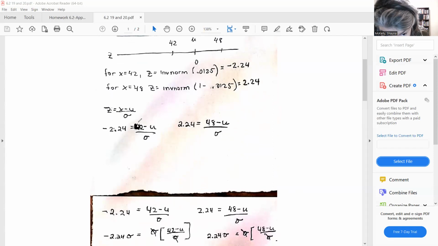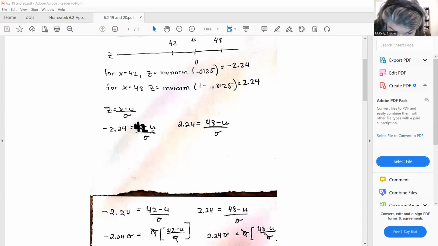This is your left x value, 42 minus mu over sigma. And positive 2.24 is equal to 48 minus mu over sigma. Okay, so I generate one equation for the left and one equation for the right because I'm solving for 2 unknowns, mu and sigma, and I need 2 equations to do so.